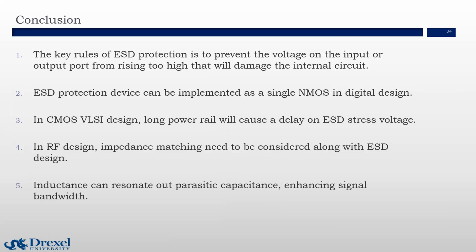In CMOS VLSI, a long power rail will cause a delay on ESD stress voltage. And in RF design, impedance matching needs to be considered along with ESD design. Inductors can resonate out parasitic capacitance, enhancing signal bandwidth in RF IC protection.